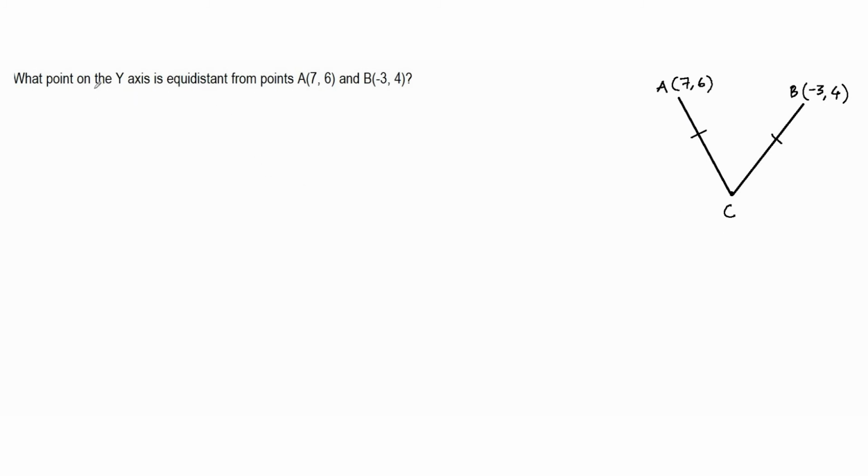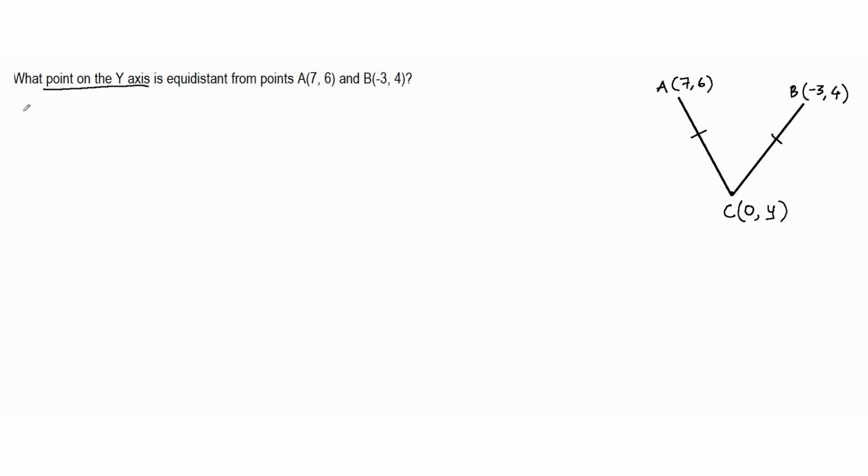It is also given that the point is on the y-axis. So because this point is on the y-axis, the x-coordinate of point C is going to be 0, and the y-coordinate is y.